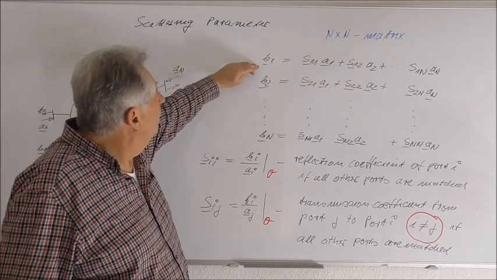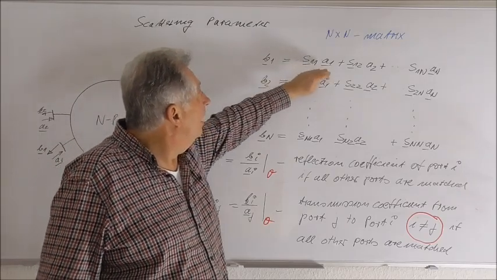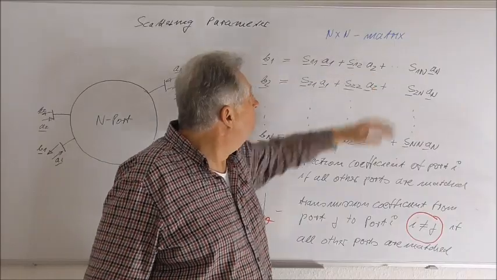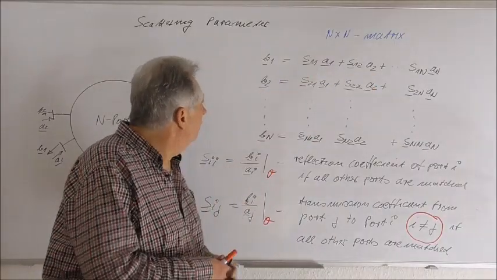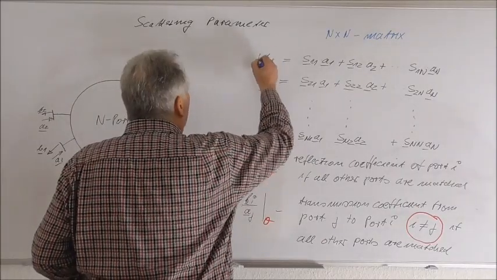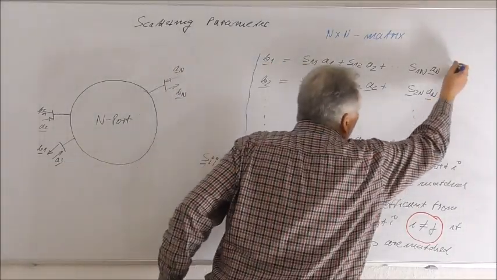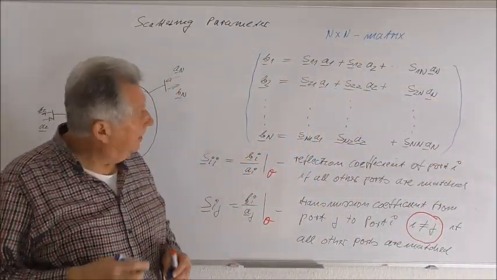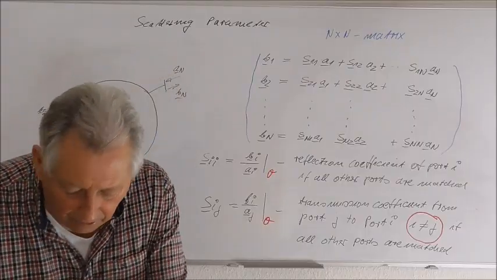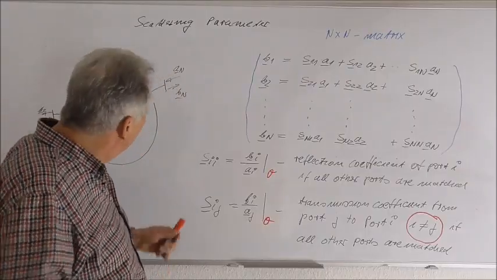So B1 will be S11 times A1 plus S12 times A2 and so on. And so you end up in this matrix which has the dimensions N by N. And now again we can think of what is the meaning of the elements.